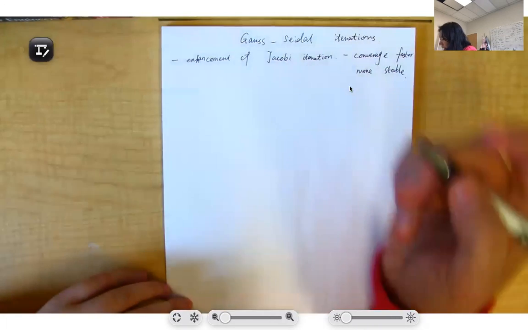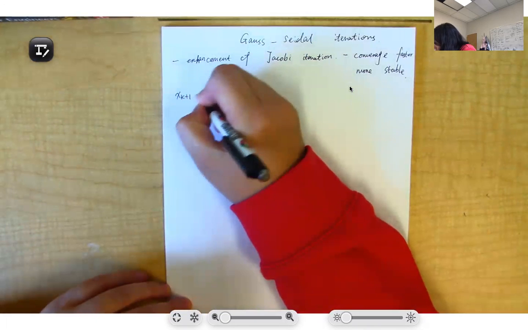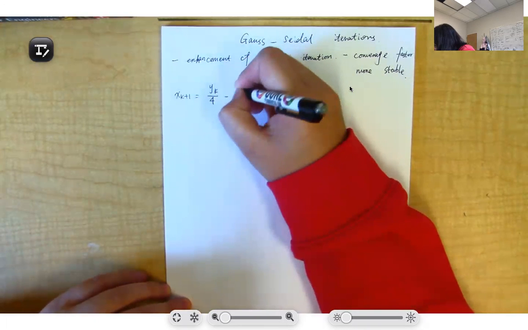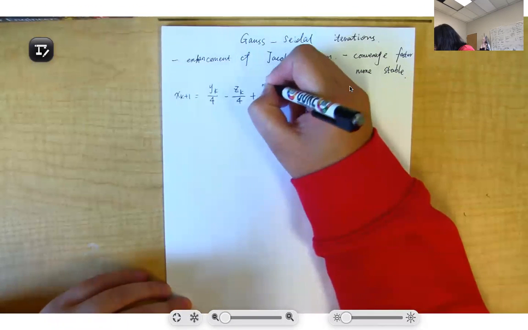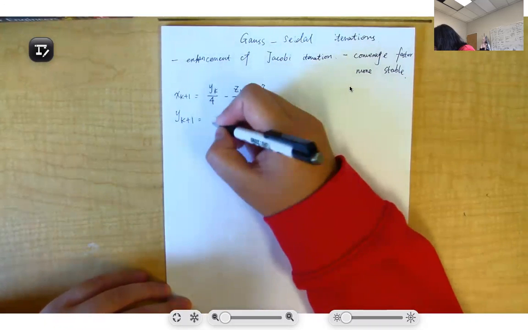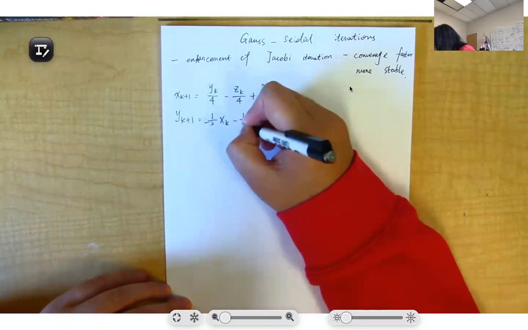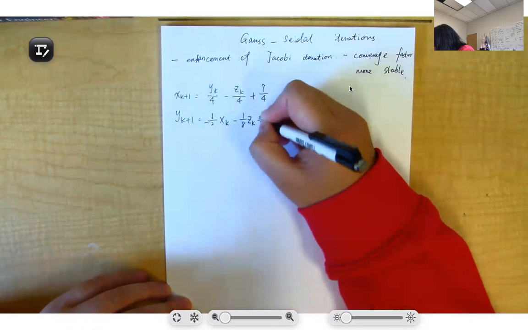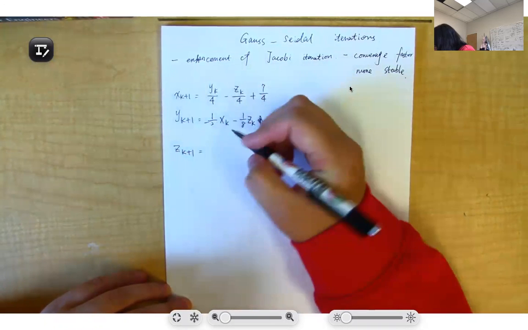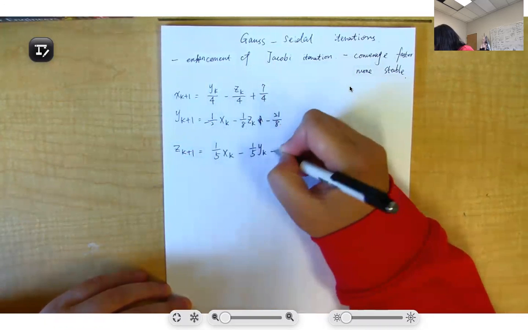Before, we had our system doing the Jacobi looping, which is x_{k+1} equals y_k divided by 4 minus z_k divided by 4 plus 7 over 4. y_{k+1} equals 2 minus half of x_k minus 1 over 8 z_k minus 21 divided by 8. z_{k+1} equals 2 over 5 x_k minus 1 over 5 y_k plus 3.